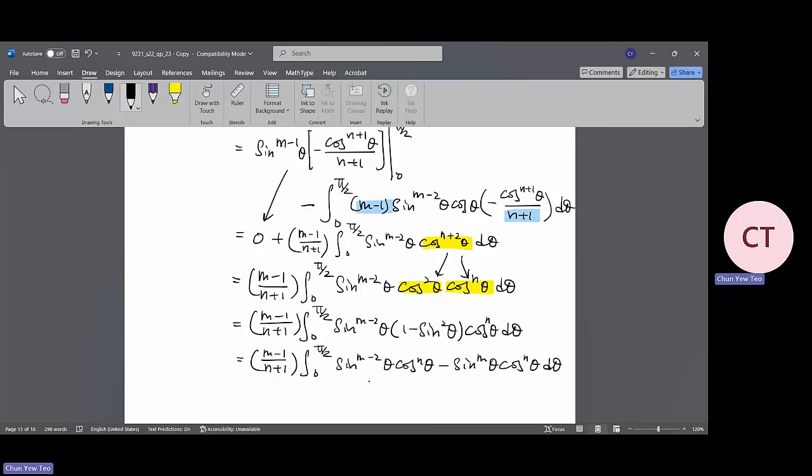So this is the trick, we split them in such a way. If we split them in such a way, then we can write this one as I m n is equal to this. It is I m minus 2 n minus this.